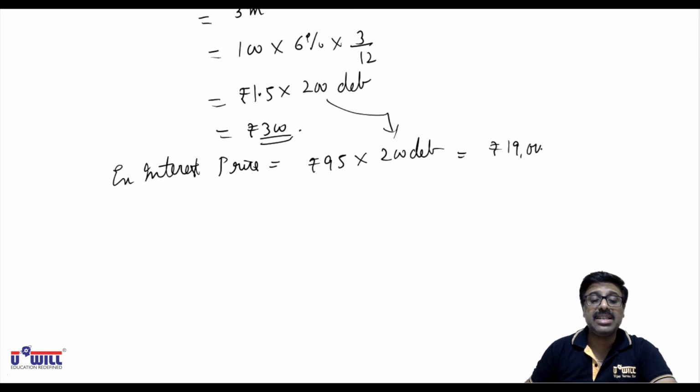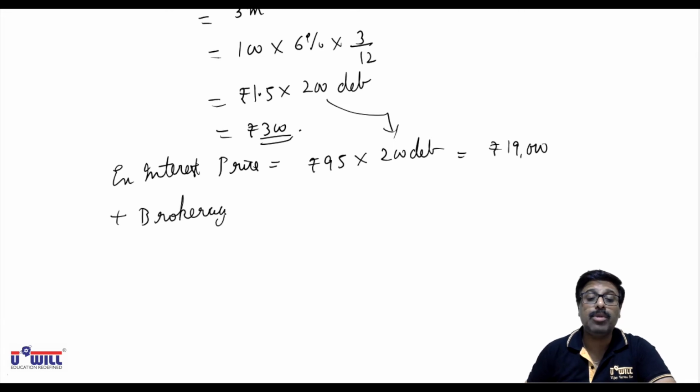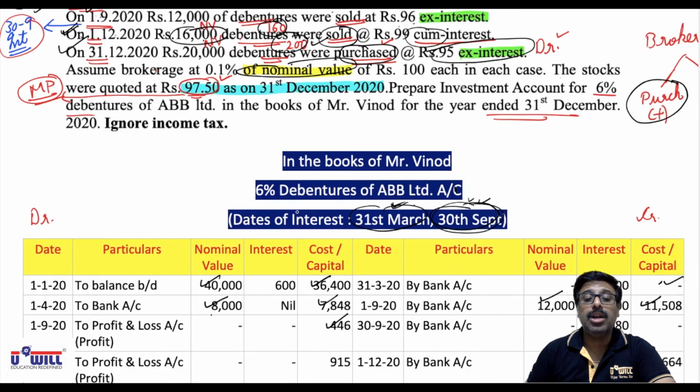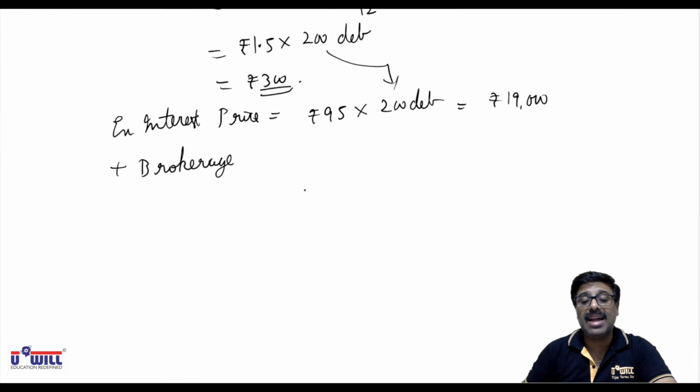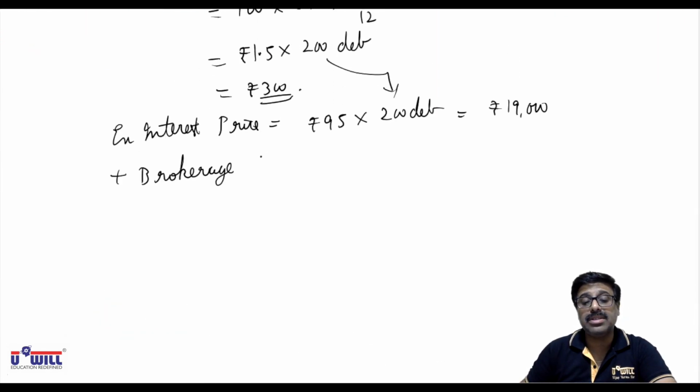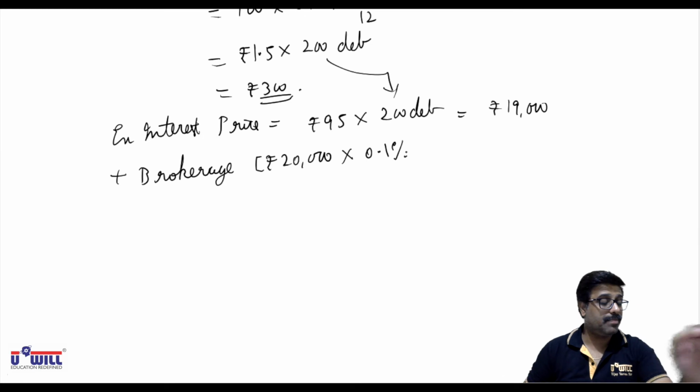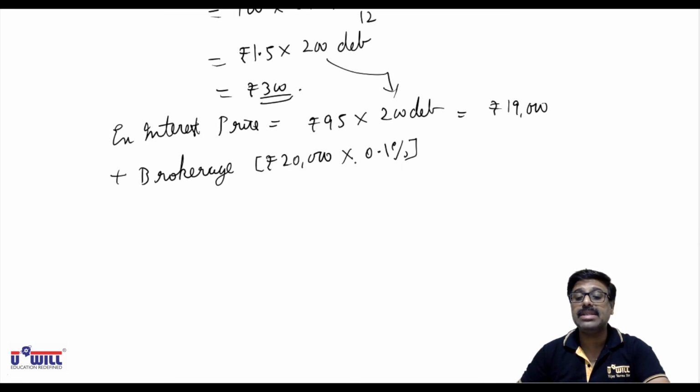Now we are purchasing, so we will add the brokerage. 0.1% of nominal value. Nominal value here is 20,000 rupees. So 20,000 into 0.1% is 20 rupees.